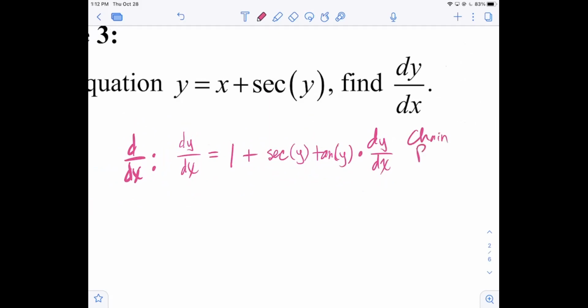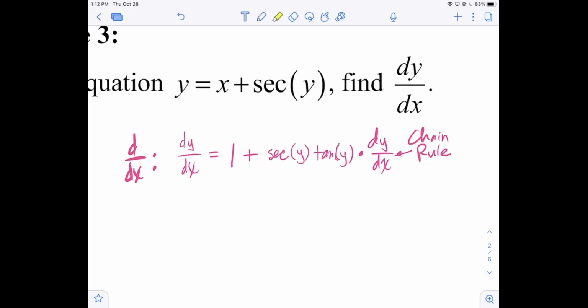The reason we don't have to worry about the chain rule if that were secant of x is because when we would quote unquote do the chain rule, we would get dx dx, which is 1, the identity element of multiplication. Not needed. So here's your checkpoint for taking the derivative. The derivative is over, but check yourself here.